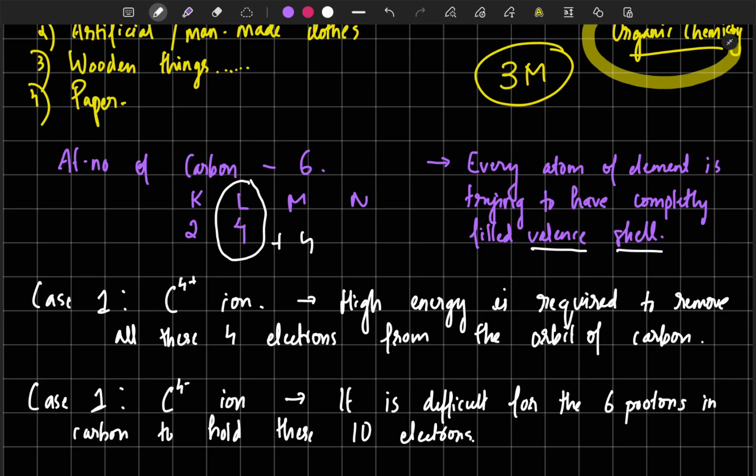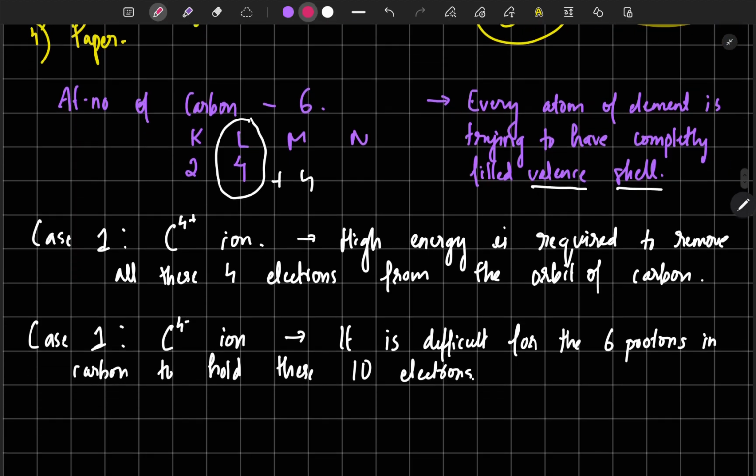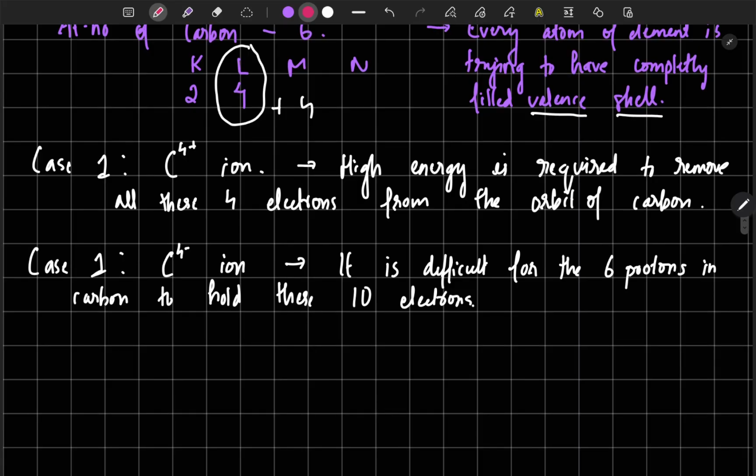So carbon is not trying to lose electrons or gain electrons. How can carbon get 8 electrons in its valence shell? That is possible by sharing of electrons. So carbon will share its 4 electrons with other atoms or other atoms of carbon.